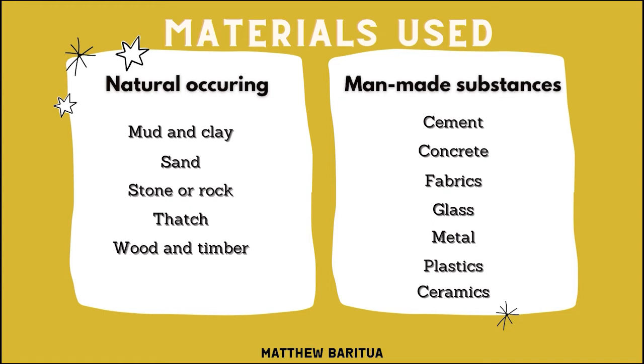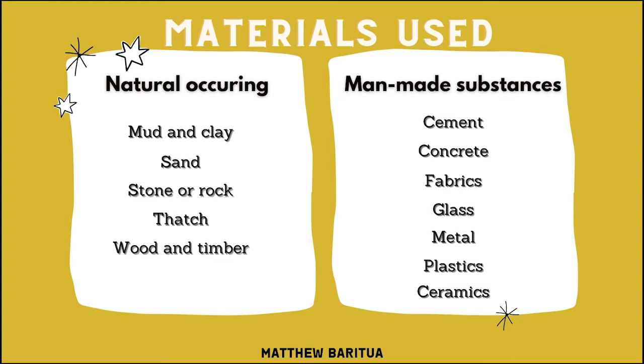And next is concrete. It is a composite building material made from the combination of aggregate and a binder such as cement. The most common form of concrete is Portland cement concrete, which consists of gravel, sand, Portland cement, and water.